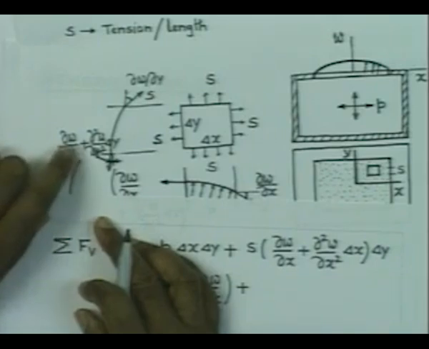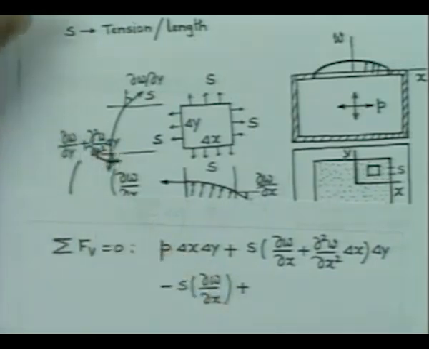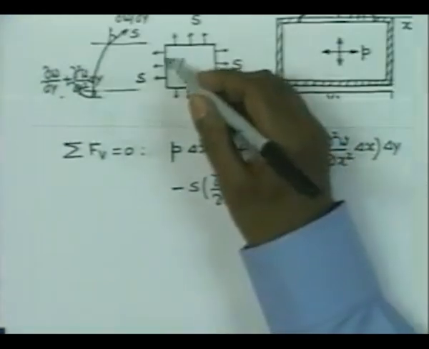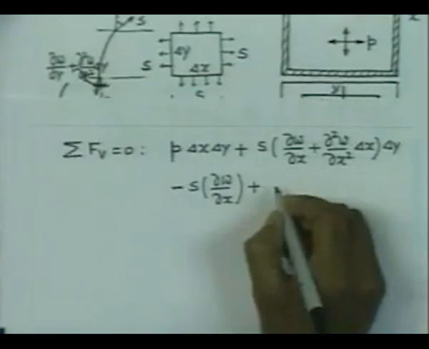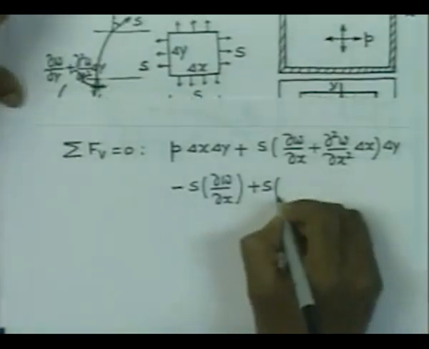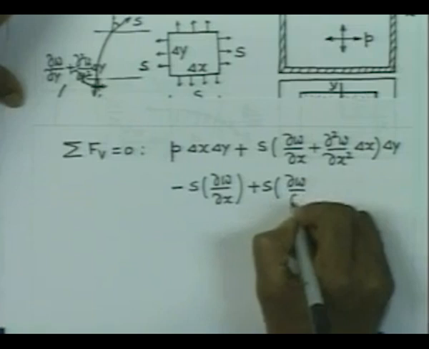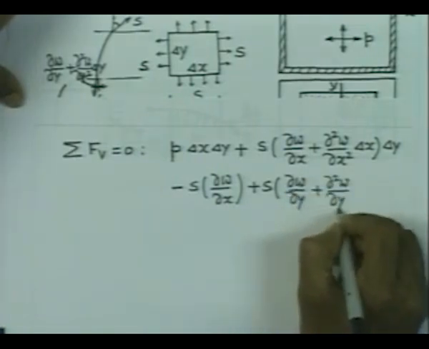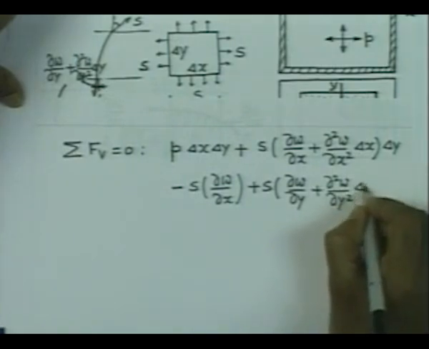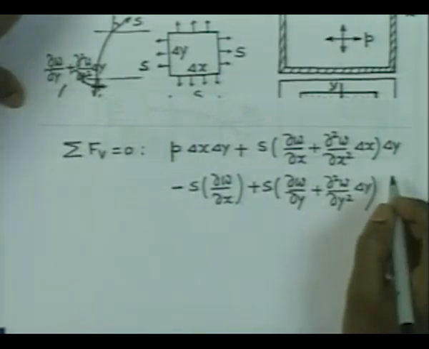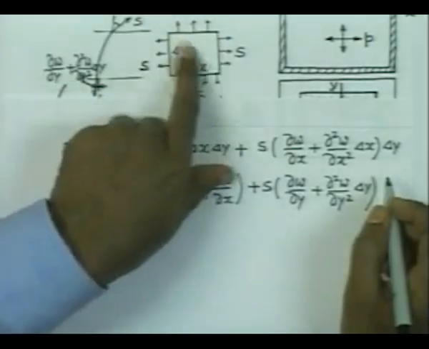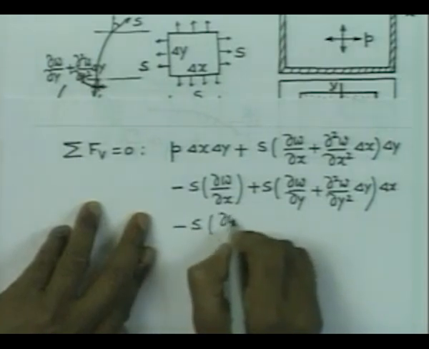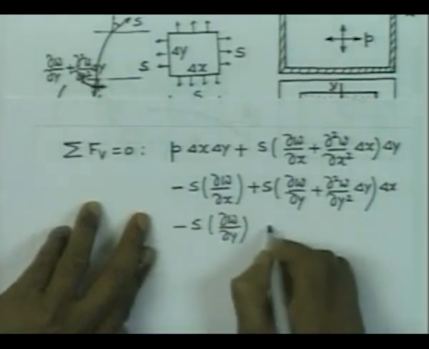Now, this is acting on the face of length equal to delta y. So, therefore, we can write S into delta W delta y plus delta 2 W delta y square into delta y, and this is acting over the face of length delta x. So, therefore, delta x minus S delta W delta y is equal to 0.